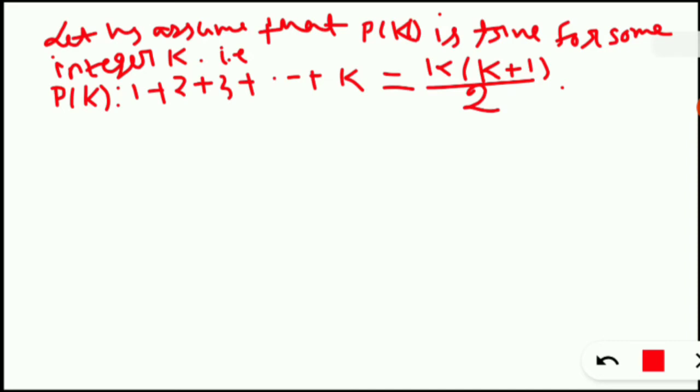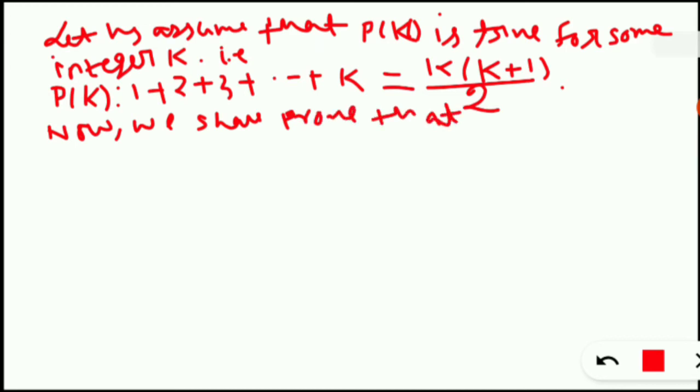Now we shall prove that P(k+1) is also true.